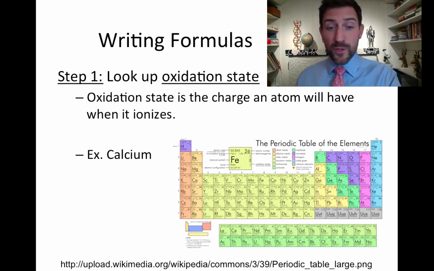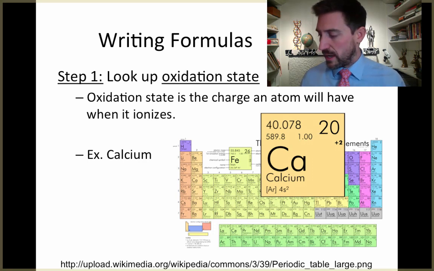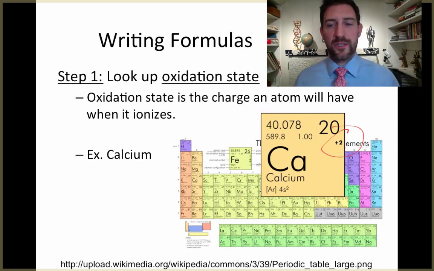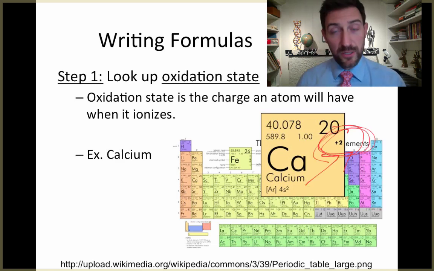I'm using Wikipedia here, in the Wikimedia Commons, and you can find some really great stuff there. I'm going to use calcium as an example. I've blown it up from that periodic table, and you can see the little number over here, the +2. For calcium, the oxidation state is +2.